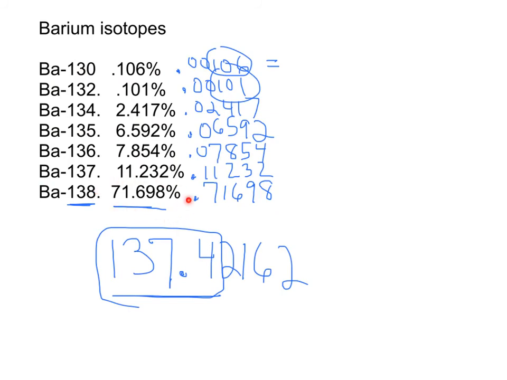Even though 138 was still the most predominant isotope, I think this is an interesting problem because if you were just looking at the published value on my periodic table, it actually lists 137.33, I think, as the average atomic mass of barium. It's close to the calculated value that I got here.